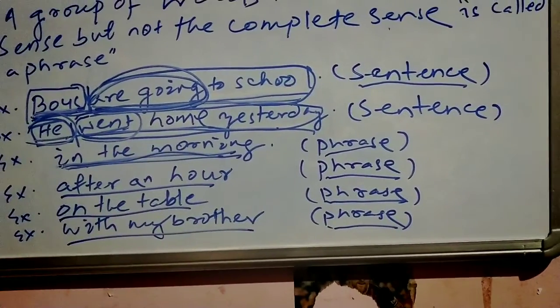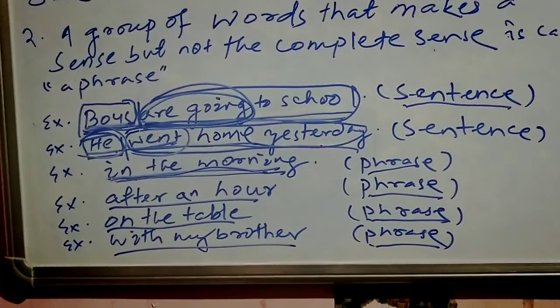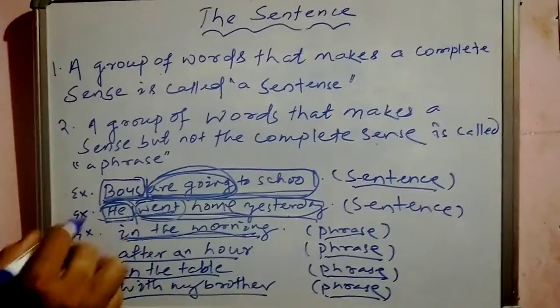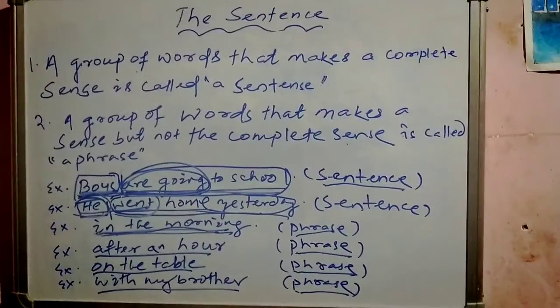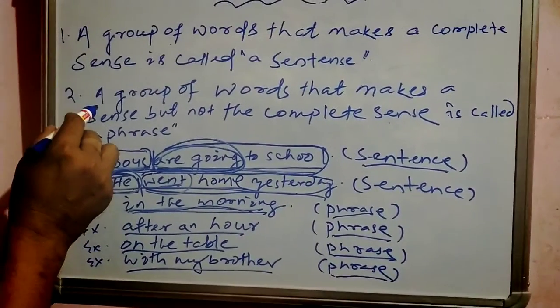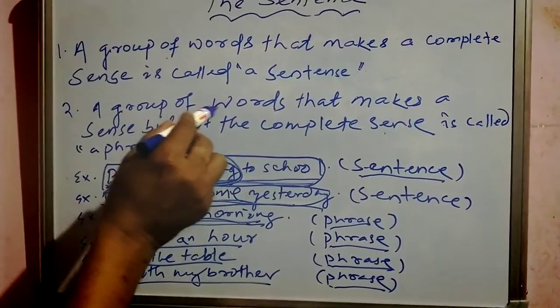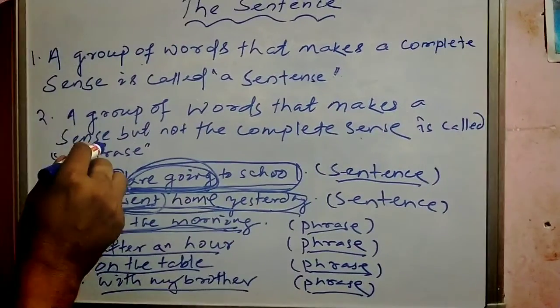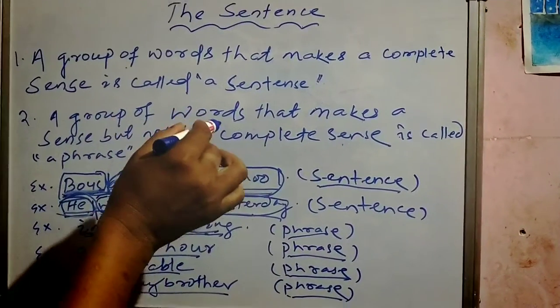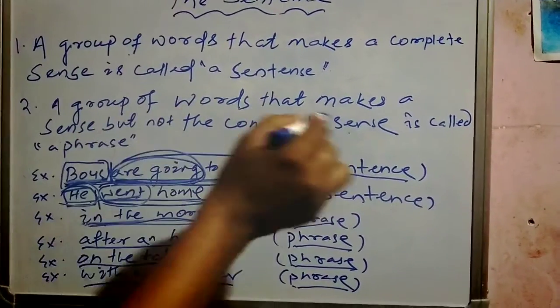Okay, got it? Now we can see some examples here. Before this I have also written the definition of a phrase: a group of words that makes a sense but not the complete sense.